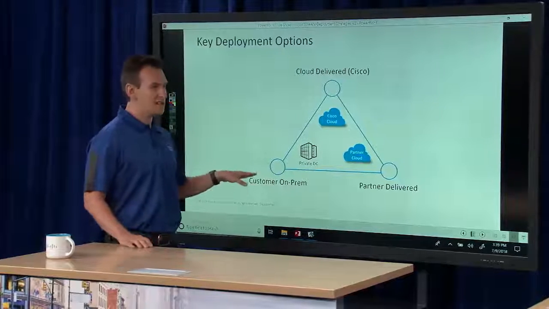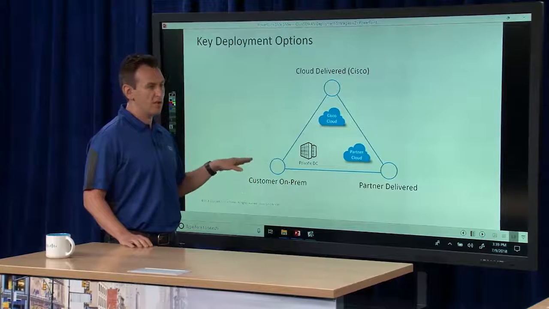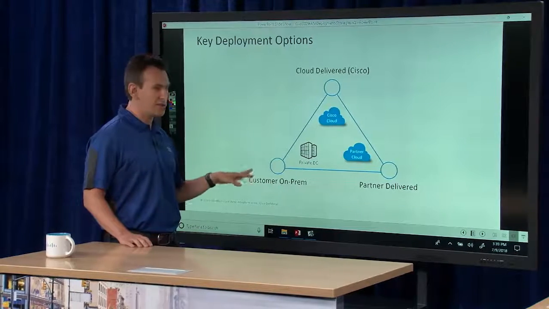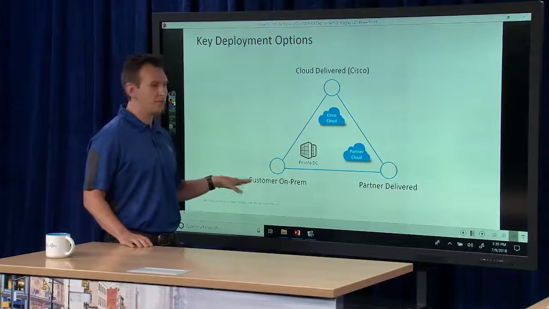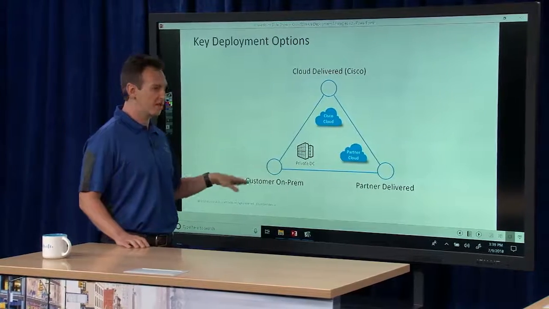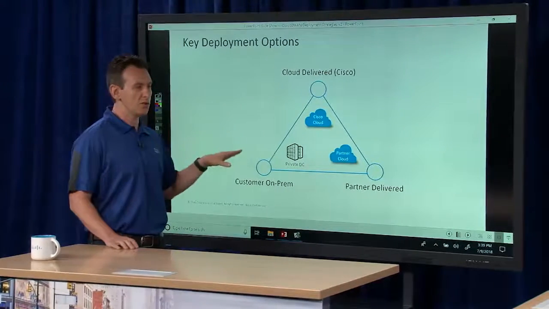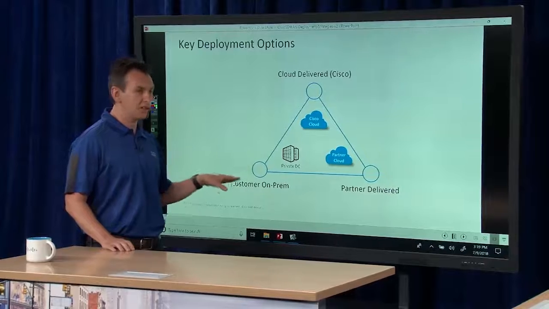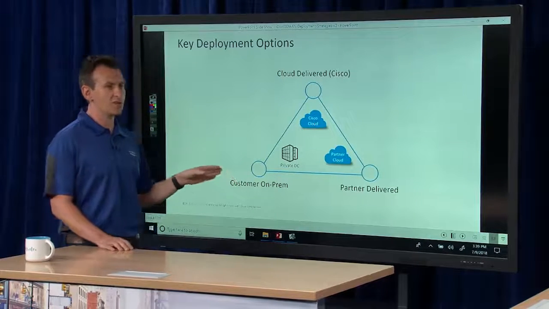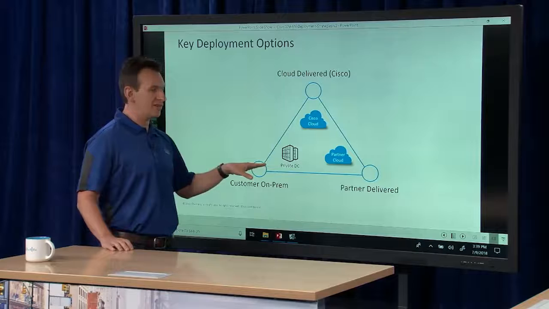And at the end, some of our customers, based on regulatory compliance or other specific requirements, have to opt for an on-prem delivered solution where the entire solution resides in their own environment, and specifically the control and management infrastructure resides in their own private data centers.